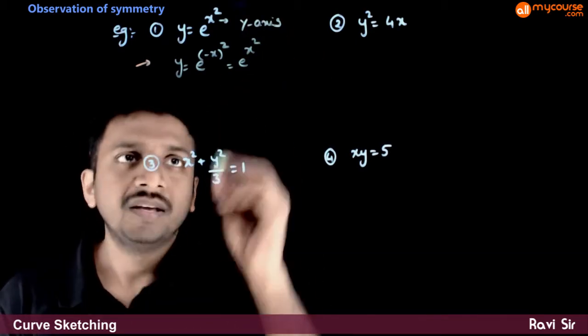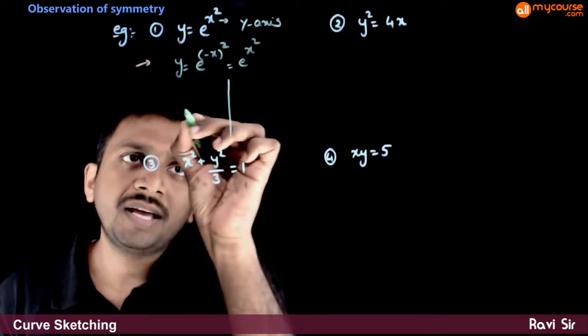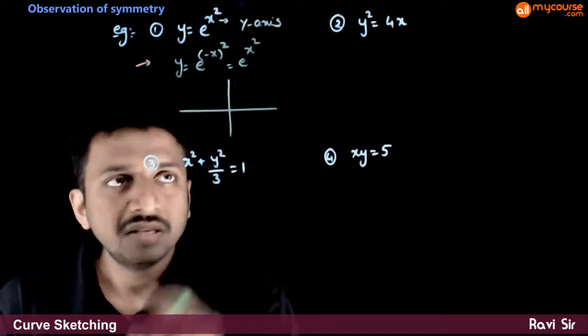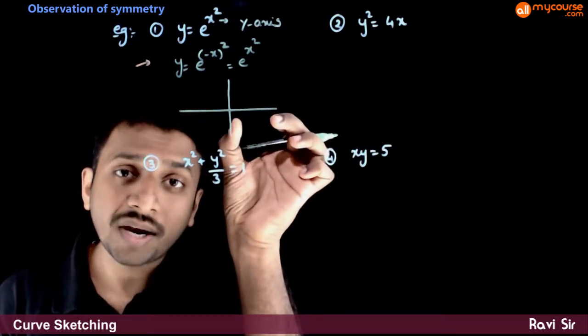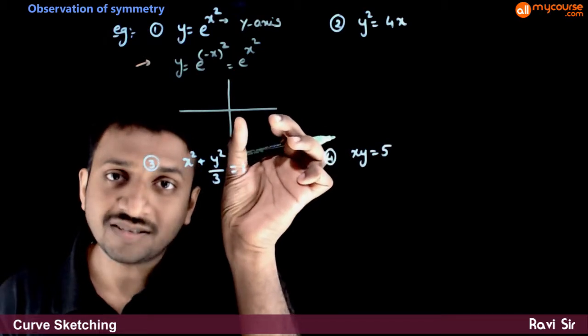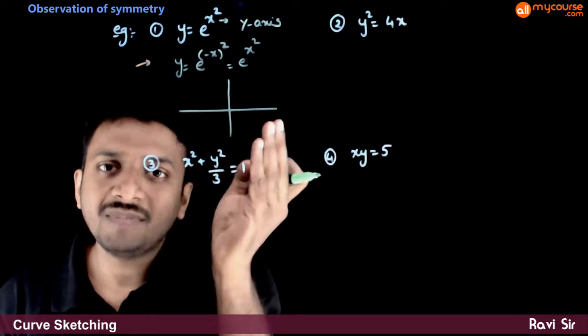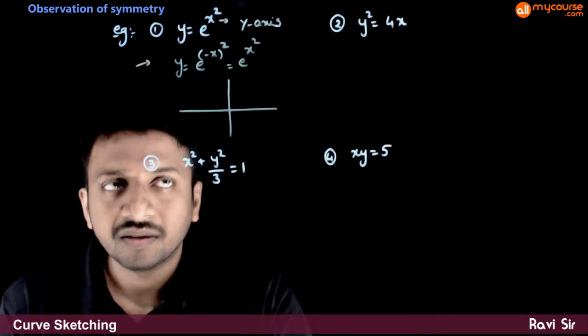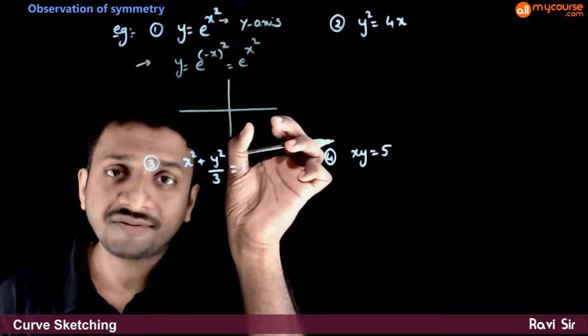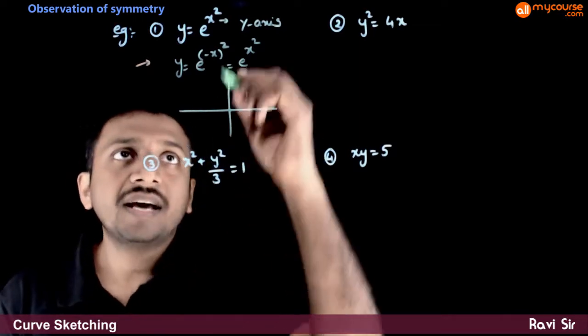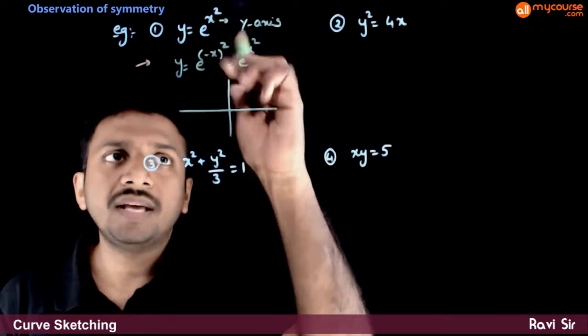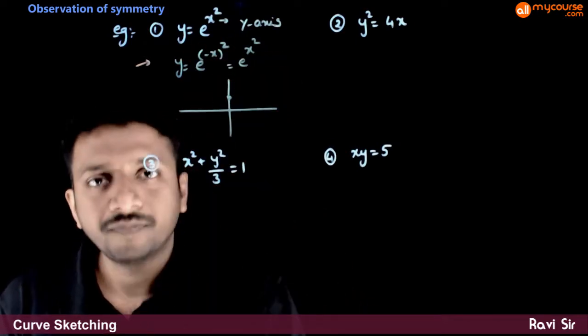y-axis. That means if you draw the graph in one half of x-axis, the other half can be symmetrically filled. For example, if you want to draw the graph on this side of x-axis, corresponding to x is equal to 0, y is equal to 1.